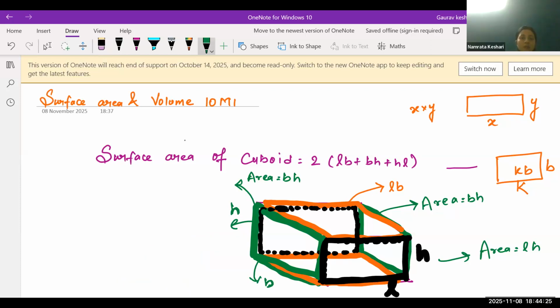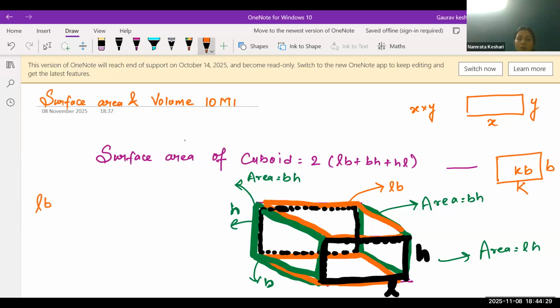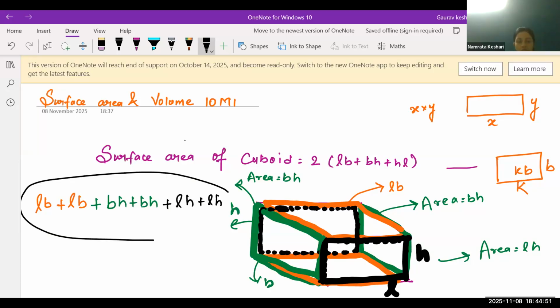So we realize the bottom rectangle is having this area, and the top rectangle is having this area. Then the left rectangle and the right rectangle have the area B into H and B into H. Then the front rectangle and the back rectangle have the area L into H and L into H. And are you realizing the formula which you are using from lower classes, that formula actually came from here?